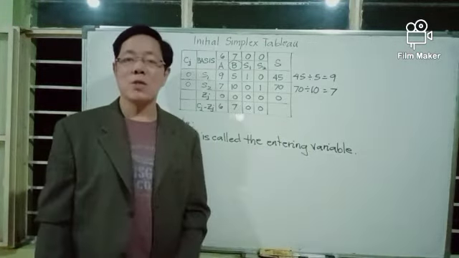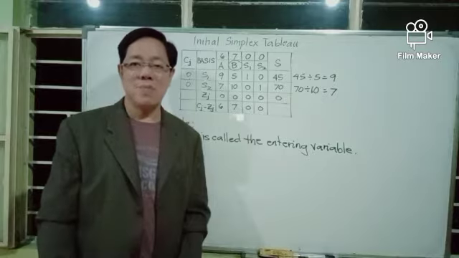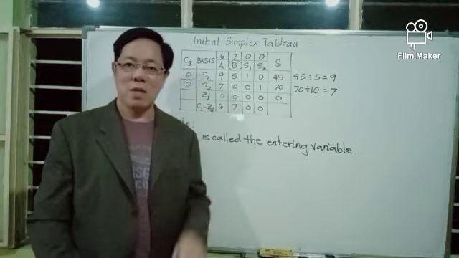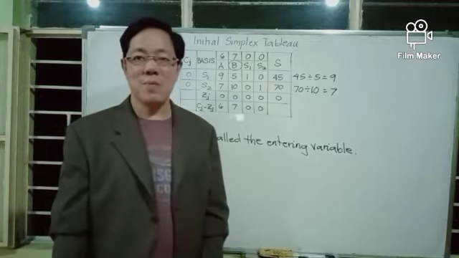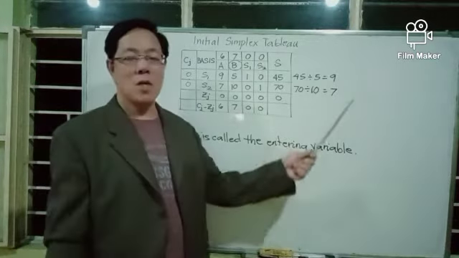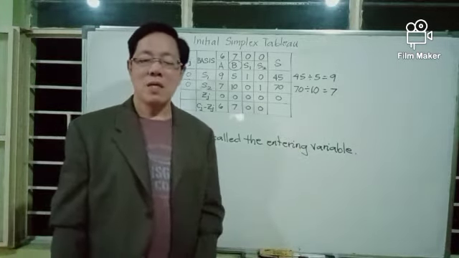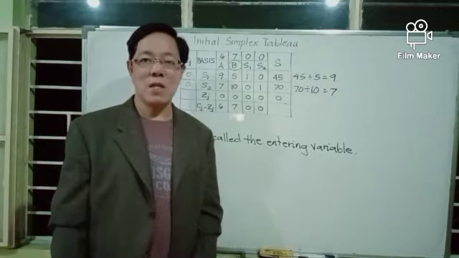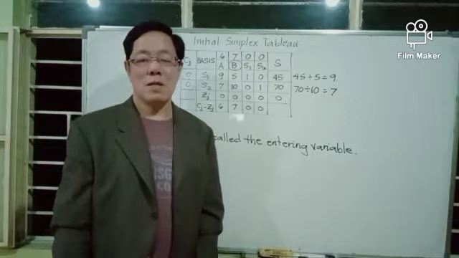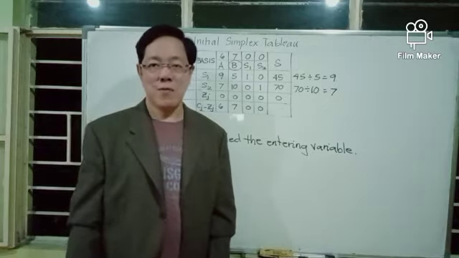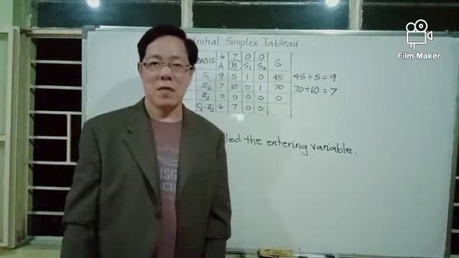among the quotients, you select the smallest positive quotient. In the selection, we do not include the negative quotient, the zero quotient, and the undefined or not defined.